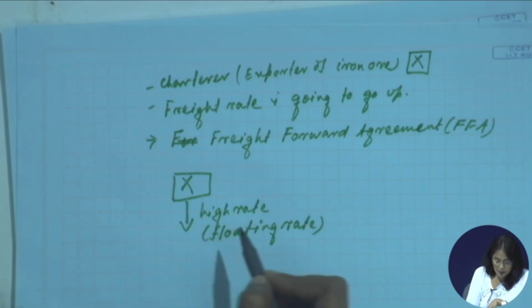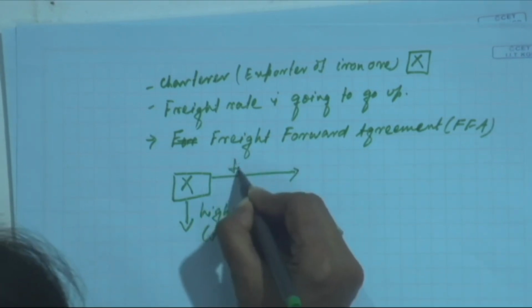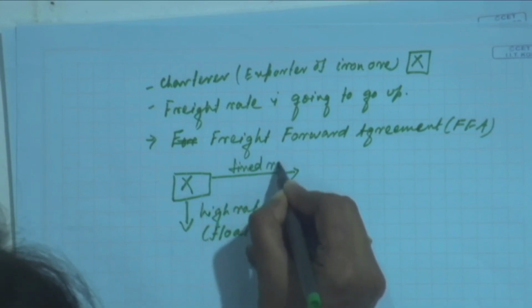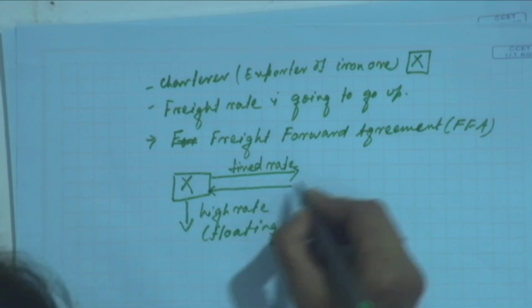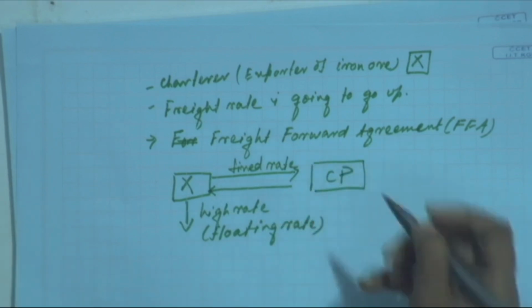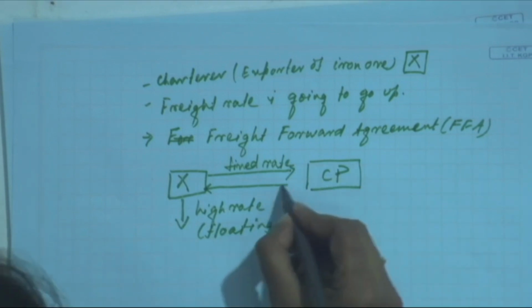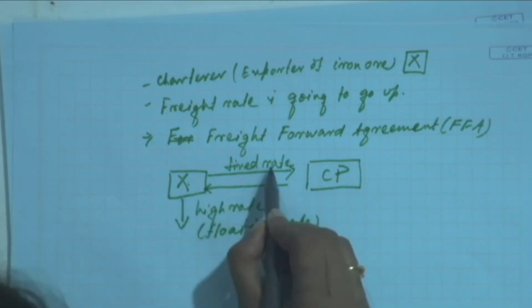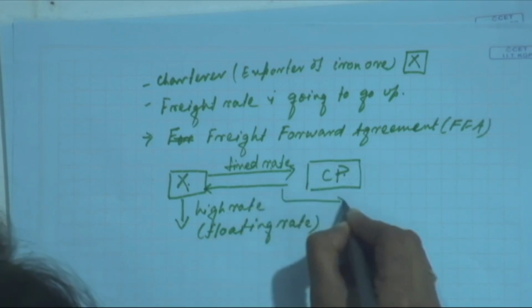a freight forward contract? He will be agreeing to pay the fixed rate, and he will be receiving a floating rate. And who is the counterparty? Let's say we name the counterparty as CP, and X will pay the fixed rate to the CP, and CP will pay a floating rate.